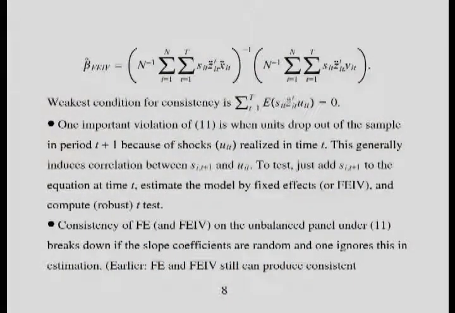And then if you do the simple algebra to get it in terms of the errors, you can see that the weakest condition for consistency is this right here. And again, it's not enough just to say that the z_i are uncorrelated with the u's. Hidden, this notation, I suppose, is a bit misleading, because hidden in this z_it double dot is a function of the instruments in all time periods.